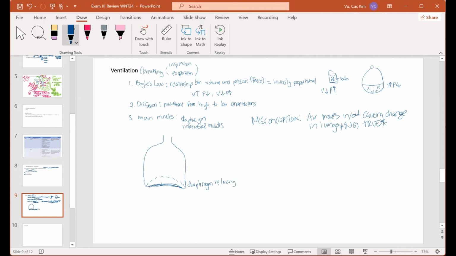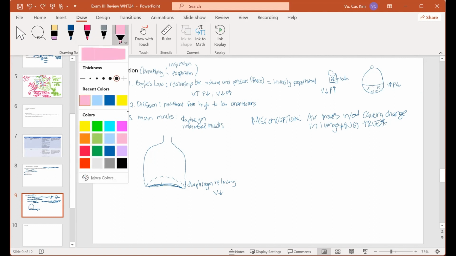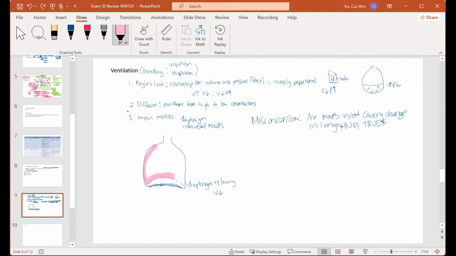So if your diaphragm relaxes, the volume decreases because now the space is smaller. Let's do it here, thicker. So here's the space. So volume decreases, which causes pressure to increase.